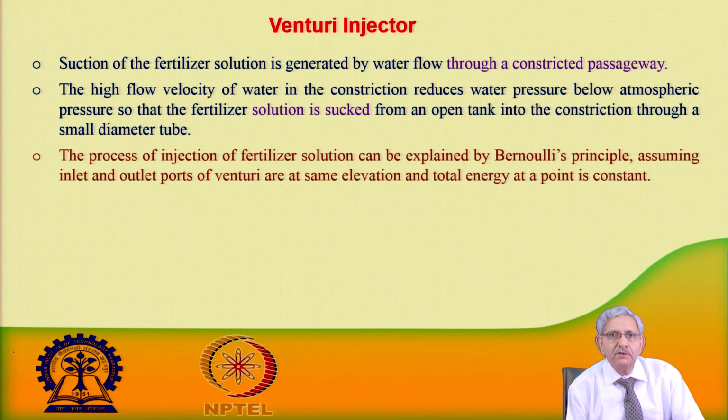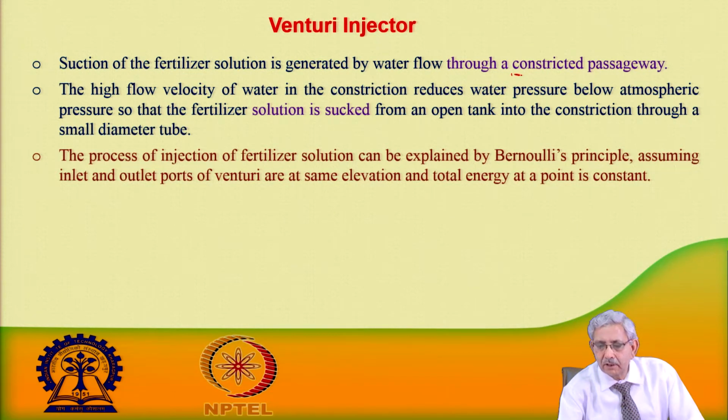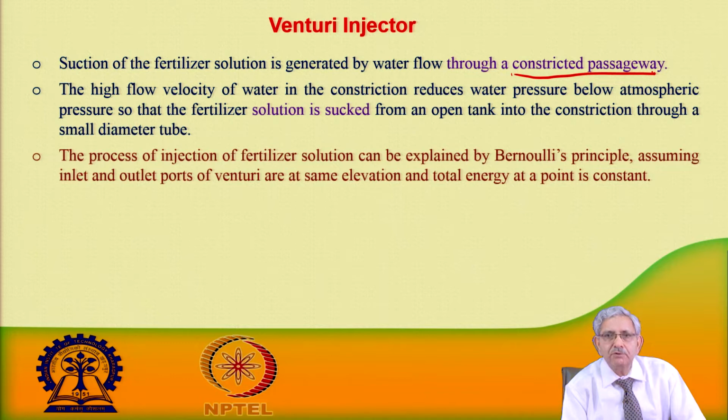So, as the name says, it is a Venturi injector. You know that in a Venturi there is a constricted passage, and in this passage the water or fertilizer solution is being sucked.